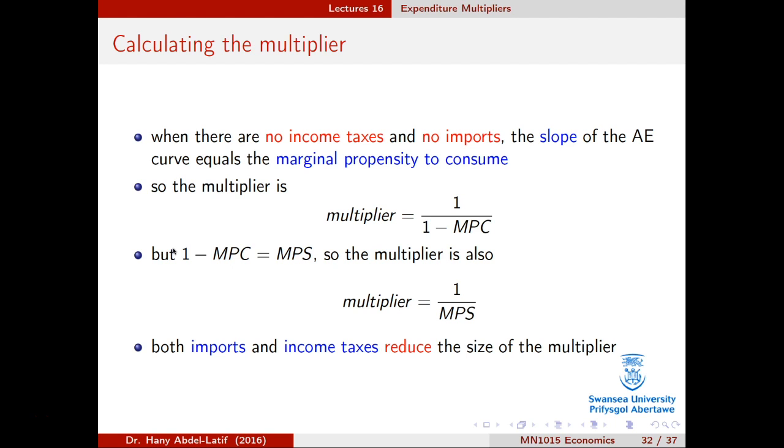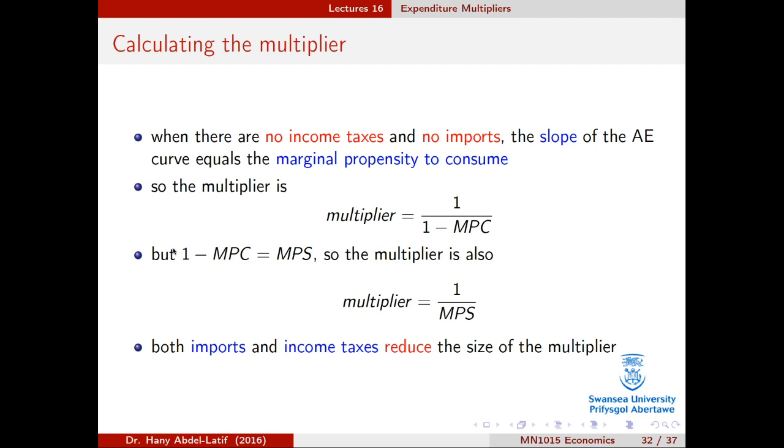That's how I knew that if the government expenditure increased by 100, this series of spending and income, this 100 plus 80 plus 64 and so on, at the end will increase by 5 times 100, which is 500. Because I just used the very simple case where I assume there's no income tax and there are no imports.